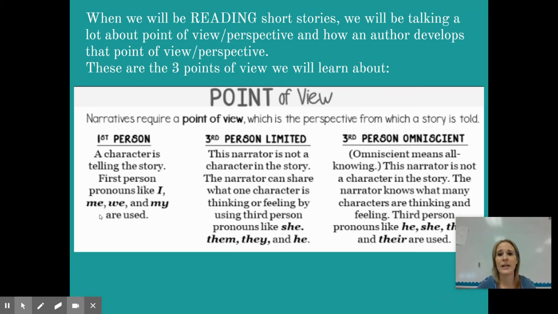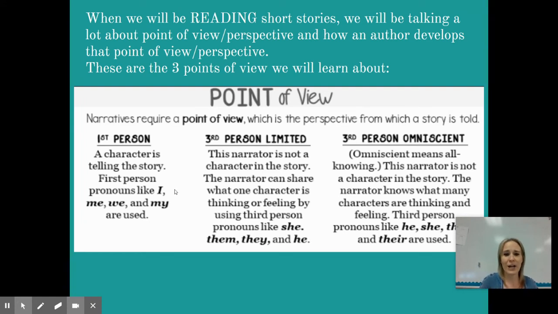And that's where a character in the story is telling it from their perspective. So they would say, I woke up, I felt hungry, I walked downstairs to the kitchen to get something to eat. Okay, they're telling it from their perspective, and they're using I, me, my, we.